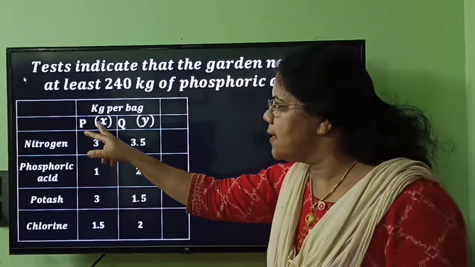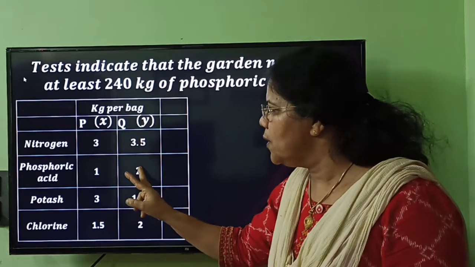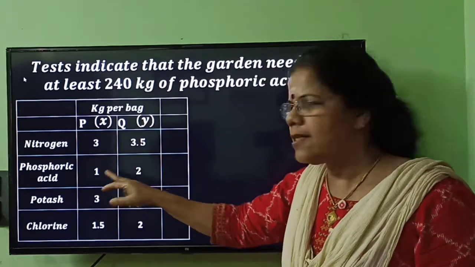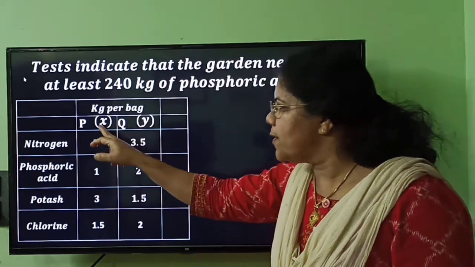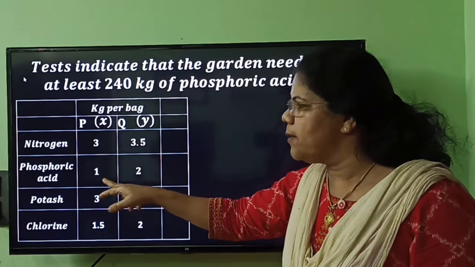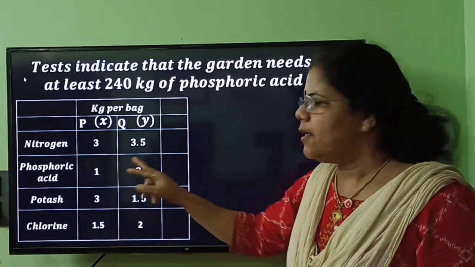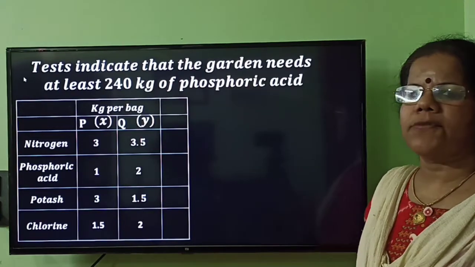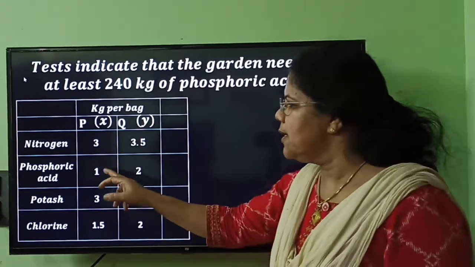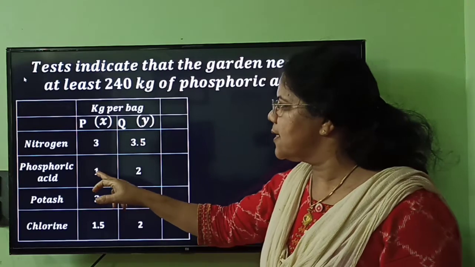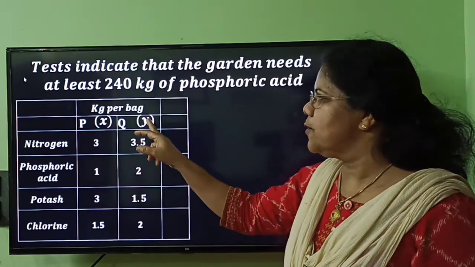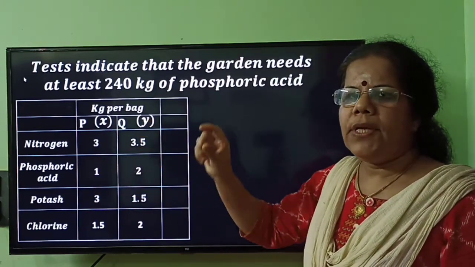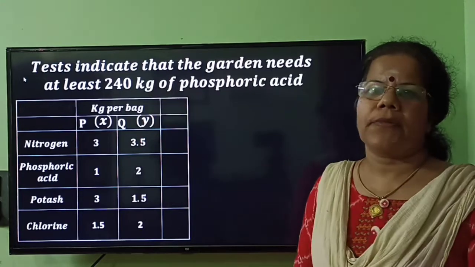Phosphoric acid is present in brand P as well as in Q, and how much is given. So for x bags, we can take the amount, and at least 240 kilogram of phosphoric acid. Actually, what is the amount of phosphoric acid? 1x plus 2y.